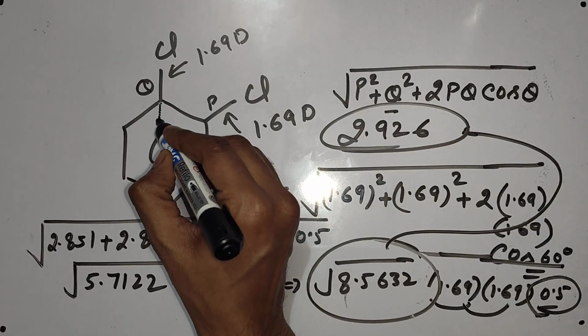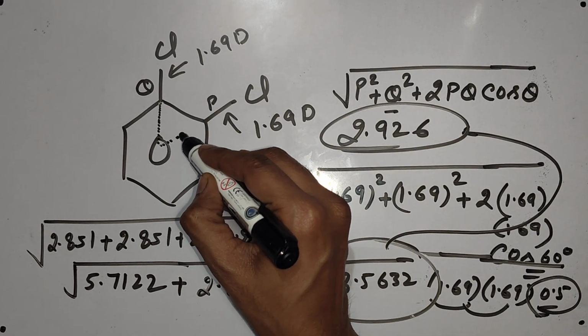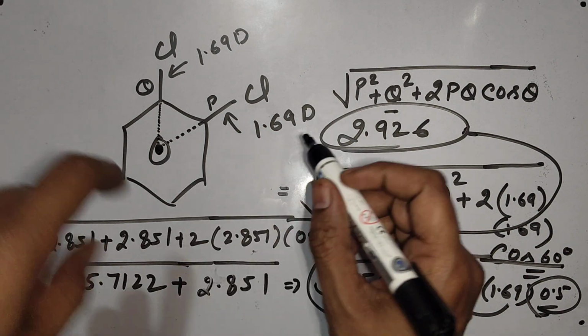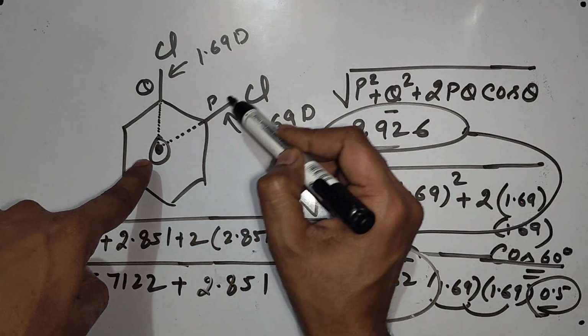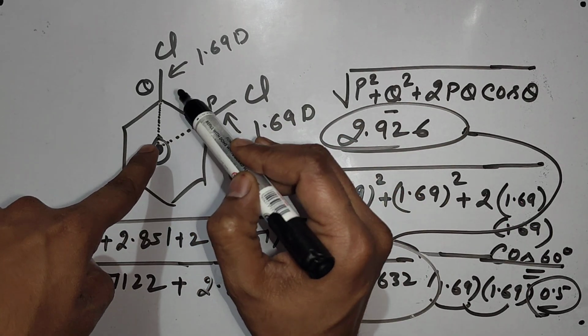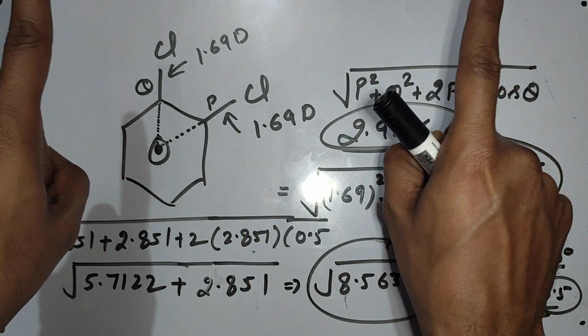And be careful about when to apply it: when the two vectors originate from the same point, which they do. The first dipole moment and second dipole moment have the same origin point.